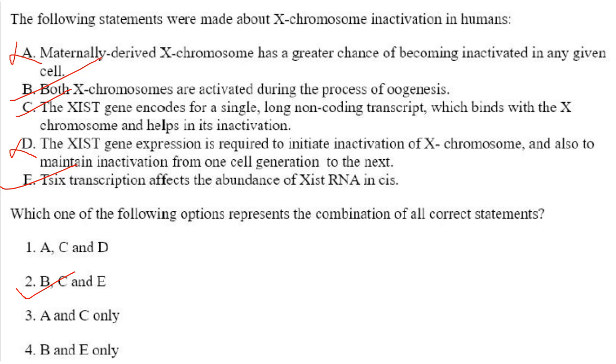Both X chromosomes are activated during the process of oogenesis. That is correct. The XIST gene encodes a single long non-coding transcript which binds to the X chromosome and helps in its inactivation. That is correct, that's the function of XIST.